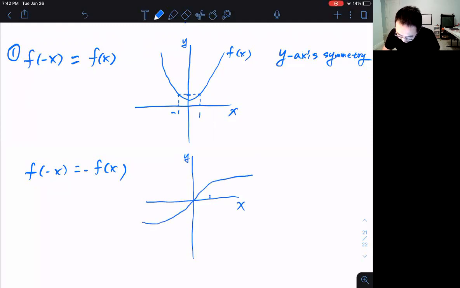My 1 gives me +1, and then -1 would give me -1. So you are symmetric with respect to the origin. This is your origin symmetry.